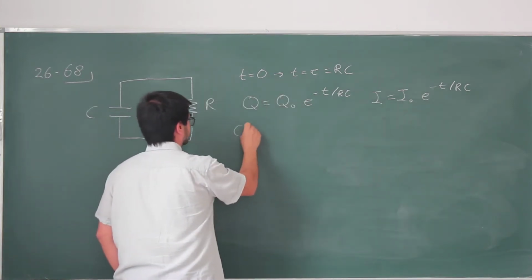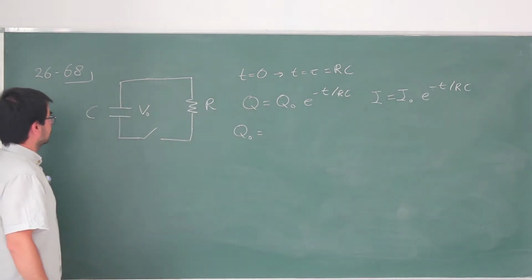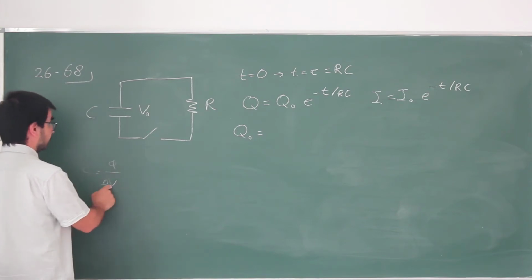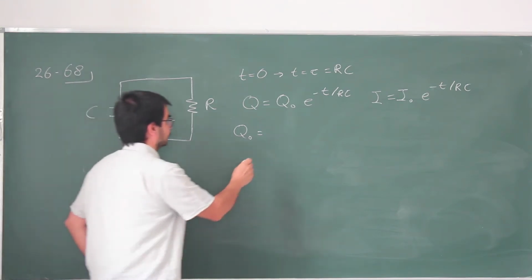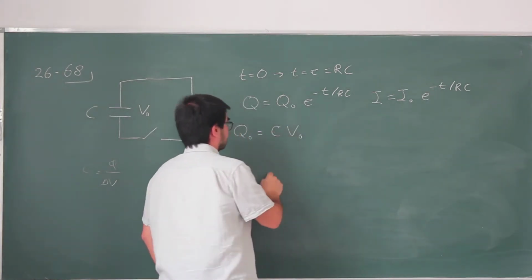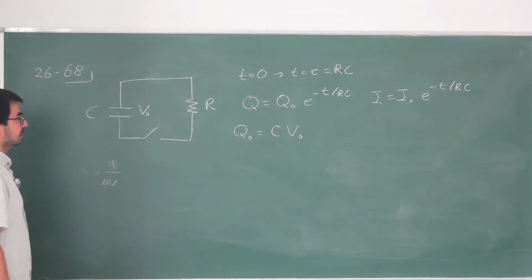And this Q0 is going to be the initial charge on the capacitor. Because the capacitance is charge per unit potential difference, the charge is just the product of these two, so it is C times V0. This V0 is a little bit misleading. It's a potential difference, but I'll keep the notation of the book.